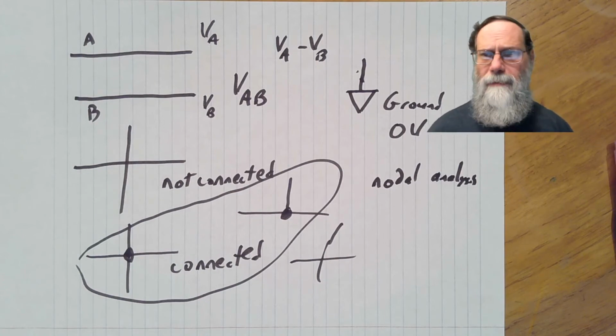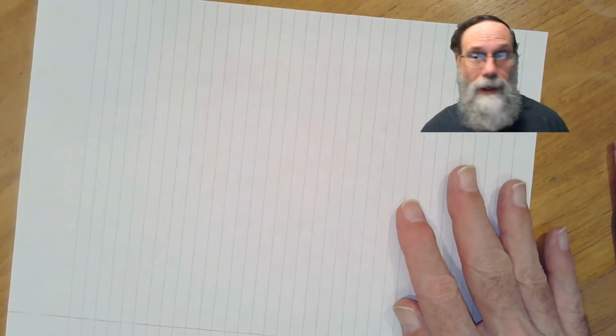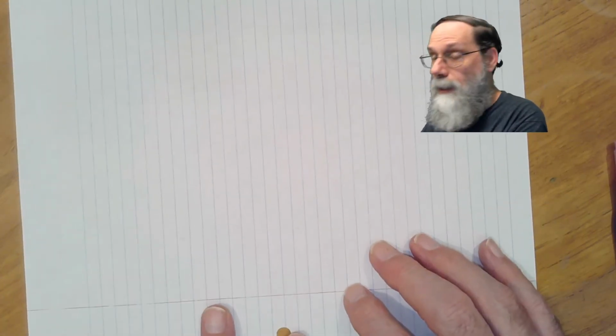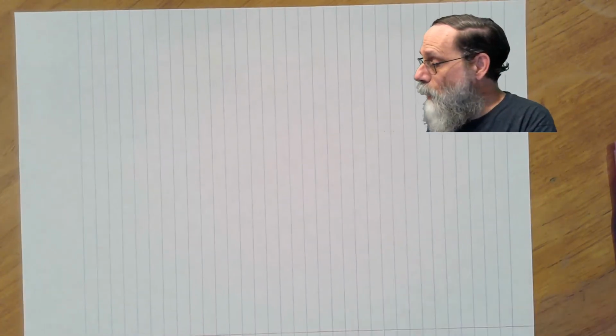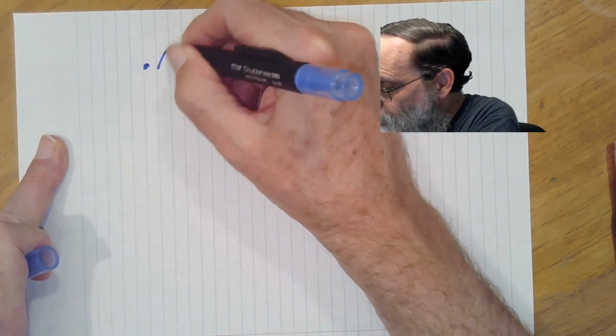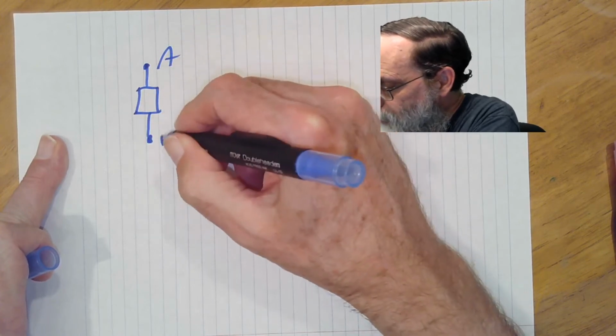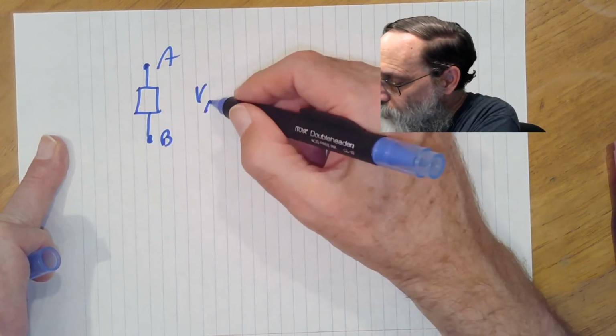Okay, now I said stuff about going around a cycle. There's another thing besides nodes that we're going to have in all our schematics, and that's components. We can have a node here called A, we can have a component here, another node called B. We'll have voltage across AB.